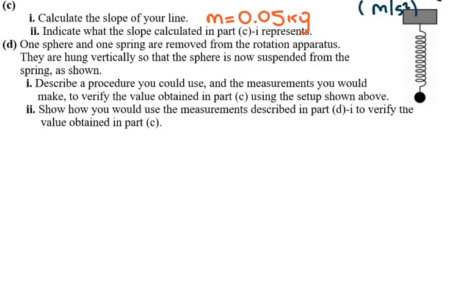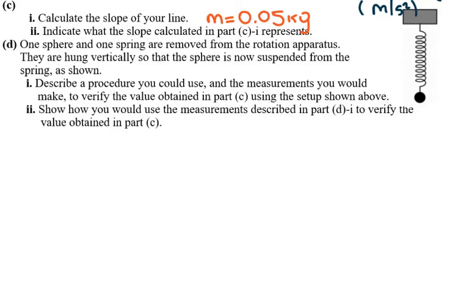And then for part D, they say one sphere and one spring are removed from the rotation apparatus. They are hanging vertically so that the sphere is now suspended from the spring, as shown in the image.